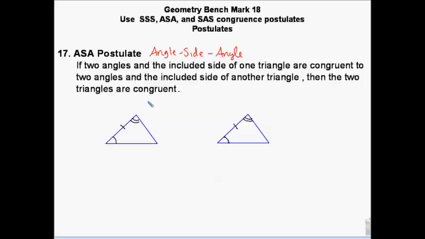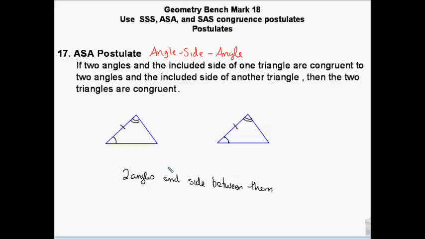So the first thing you need is either all three sides. The next thing you can have is an angle, side, angle. And the name ASA will always tell you the order the things need to go into. So this is two angles and the side between them. Okay.